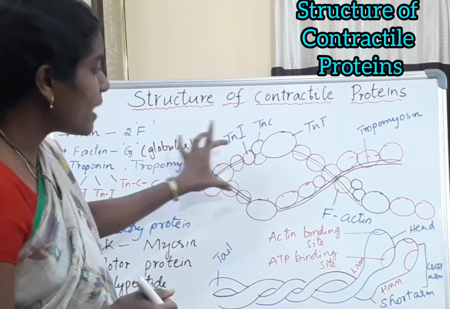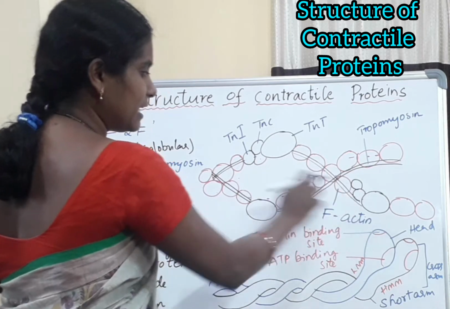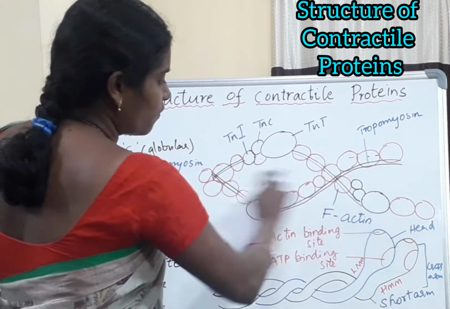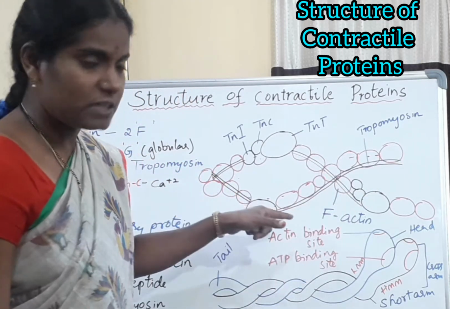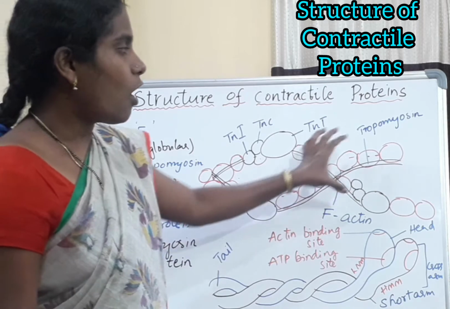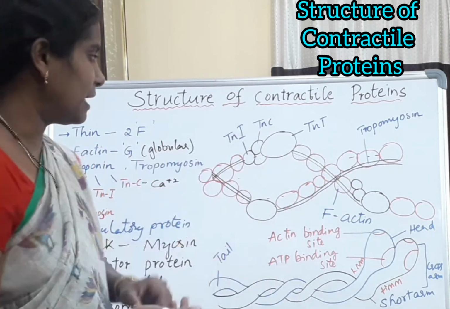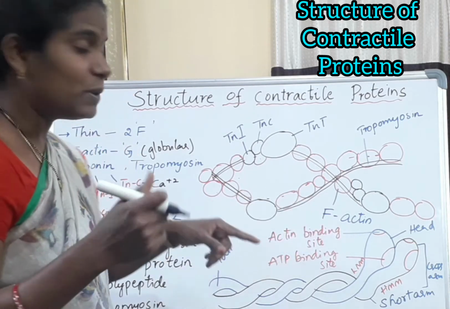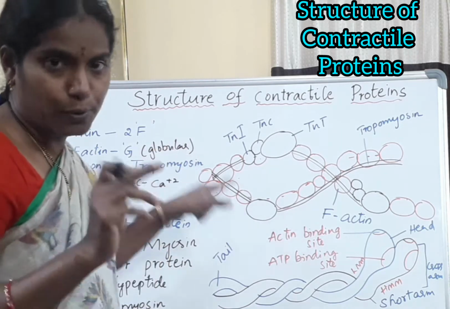These two F actin molecules wrap around, turning one over the other. These two actin molecules constitute the actin filament. This F actin is also formed from many monomeric G, that means globular, proteins.